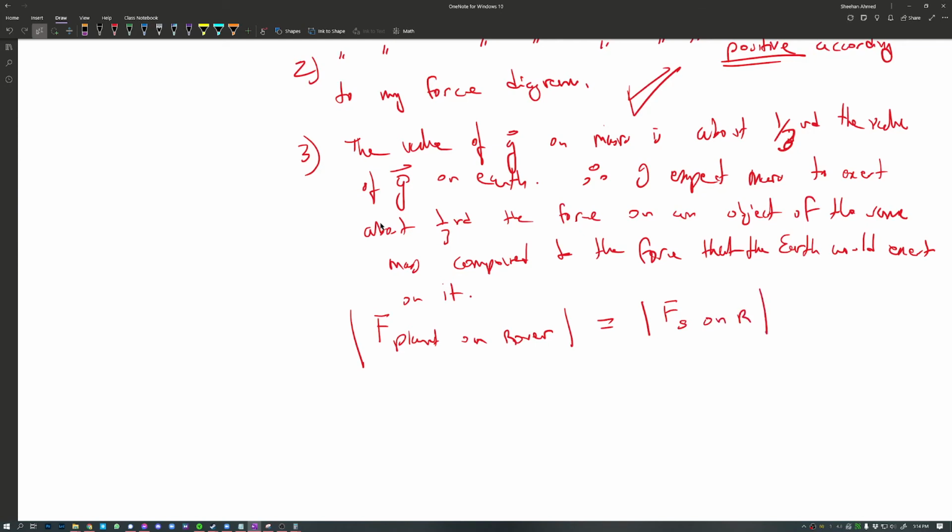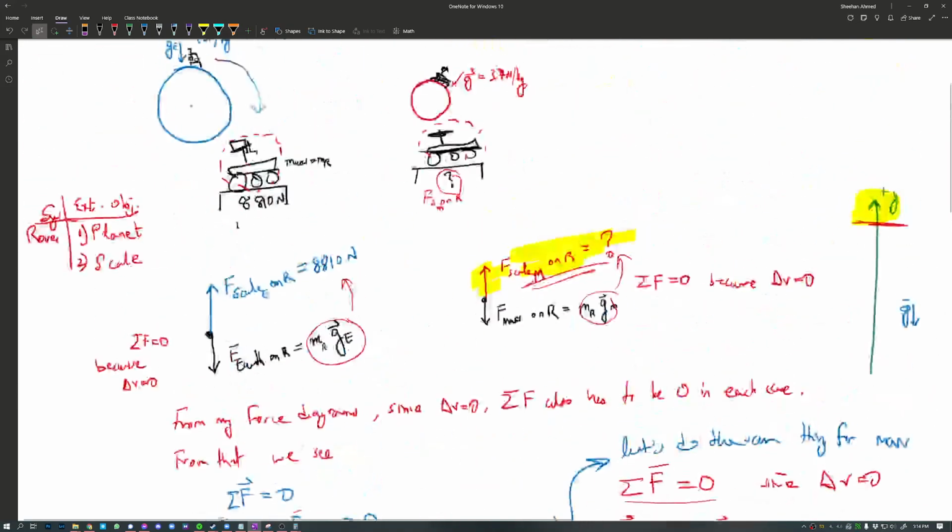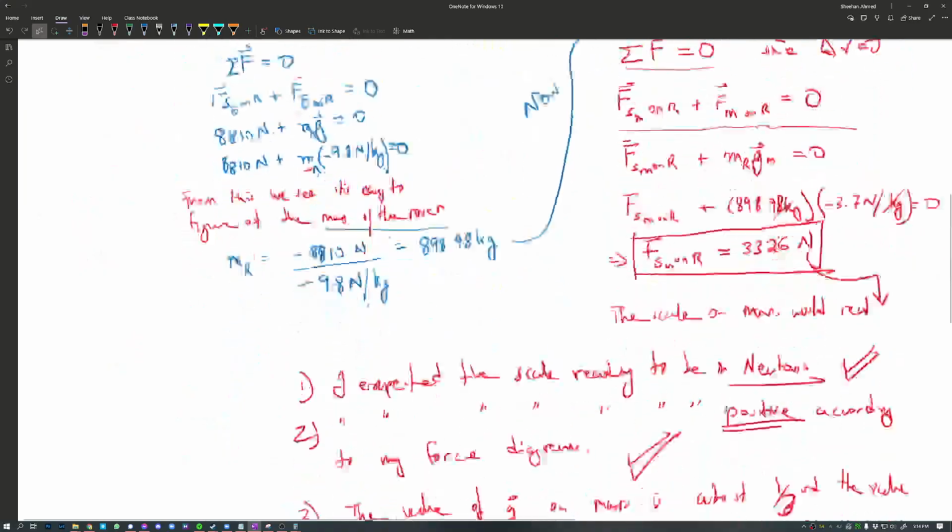So if I take therefore a ratio of the scale numbers, it should be about 1/3. I do know the scale numbers now, right? 8810 and 3326.